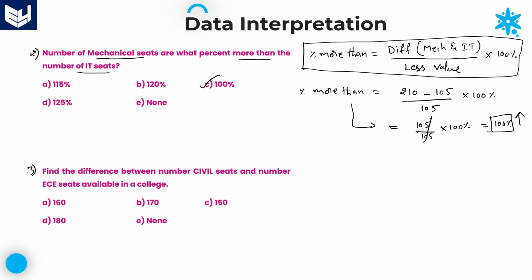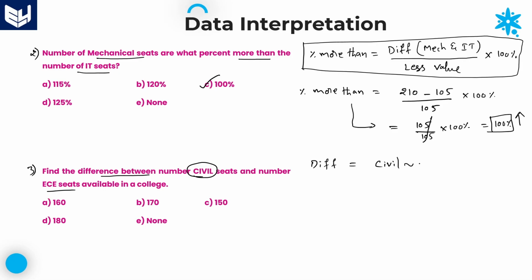Let us look at the third question. Find the difference between the number of civil seats and the number of ECE seats. This is a direct question: you need to calculate the difference between civil and ECE.